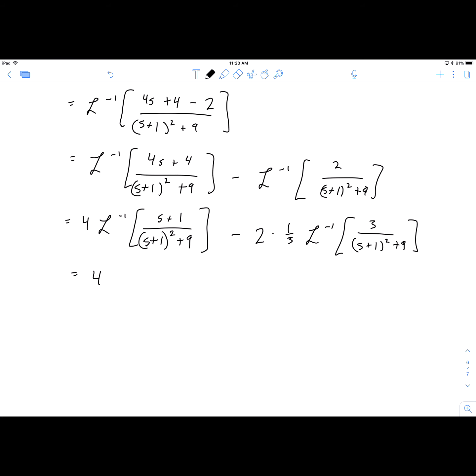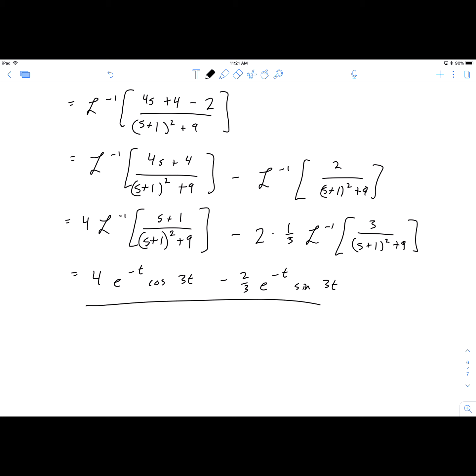So this is going to be 4 times e to the -t cosine of 3t, sorry, got ahead of myself there. And this would be 2/3 e to the -t sine of 3t. So that's all there is to it.